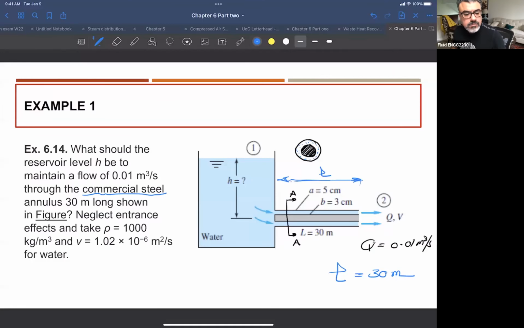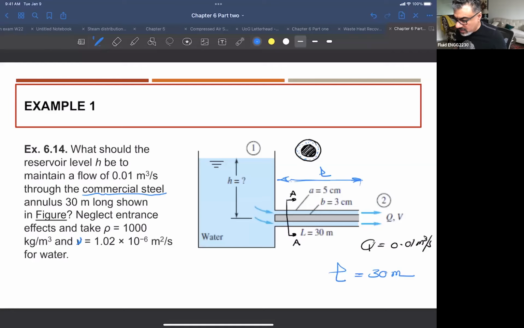The density is given as 1000, so that means it's water, and then the kinematic viscosity for water is that much. Okay, he's asking to find H.